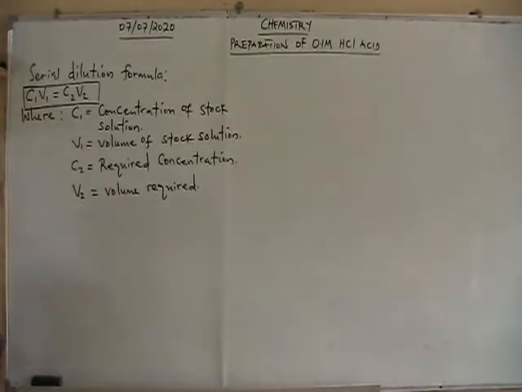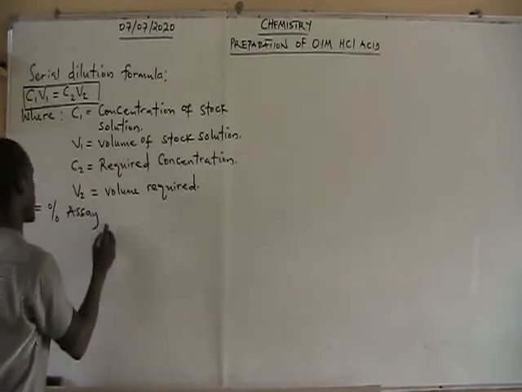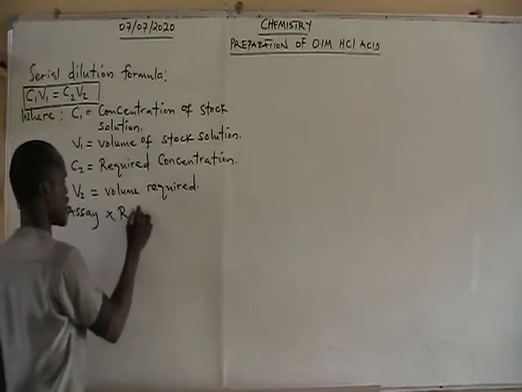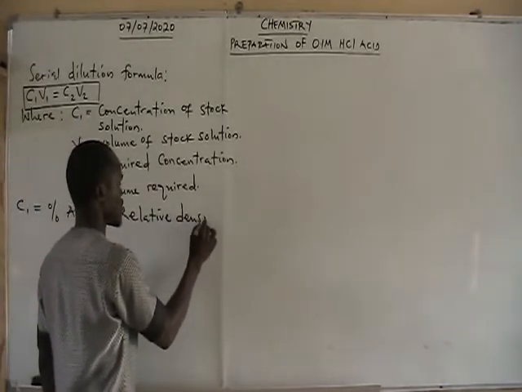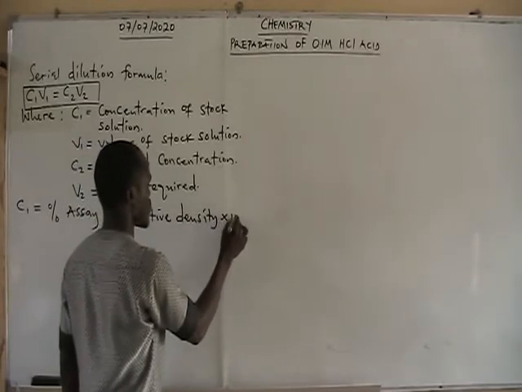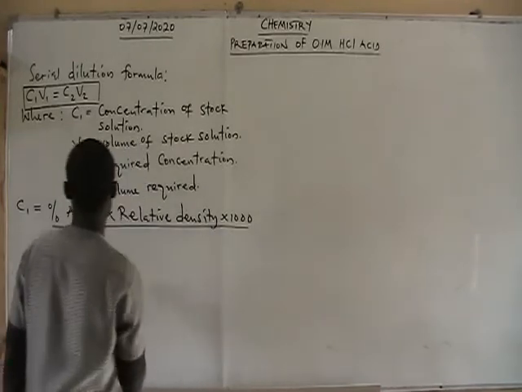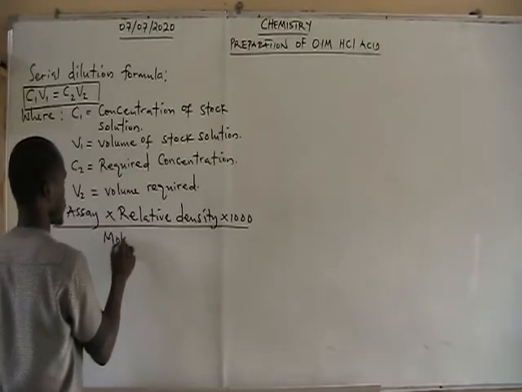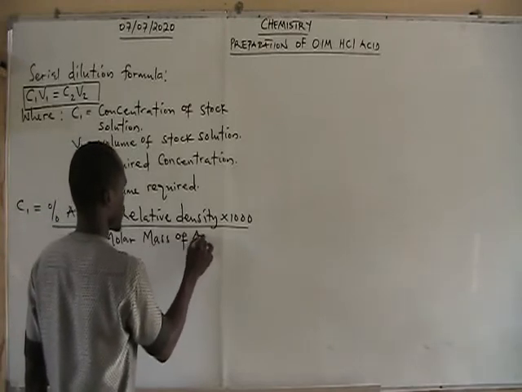So in this case, we need to get some information. C1 can be calculated using the formula: percentage assay times relative density times 1,000 divided by the molar mass of the acid. Are we together?